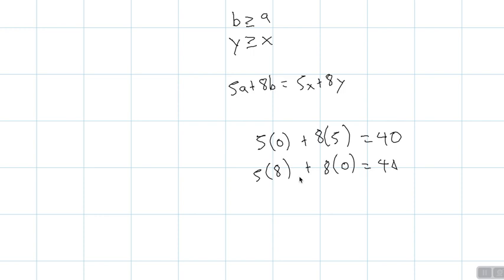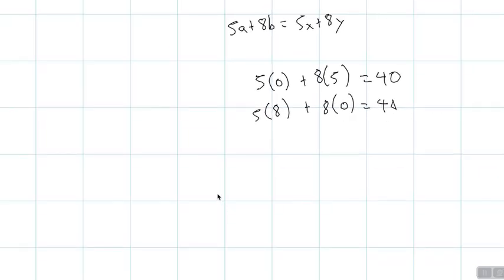But this unveils an interesting property, basically that when we add 8 to the number that 5 is multiplying by and subtract 5 from the number that 8 is multiplying by, we'll have no change in this end result.